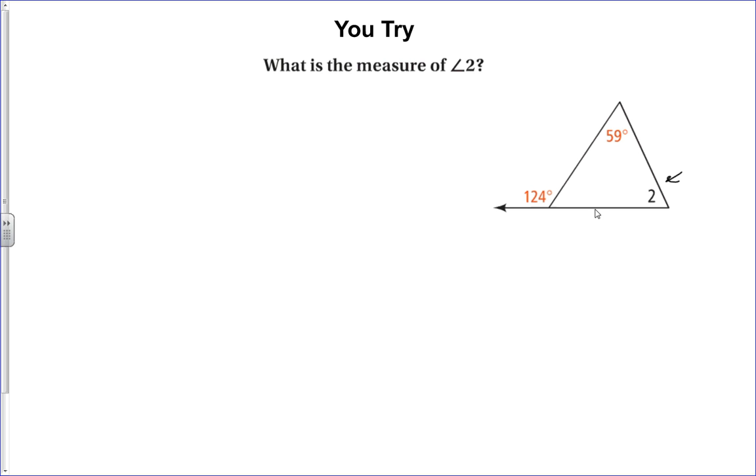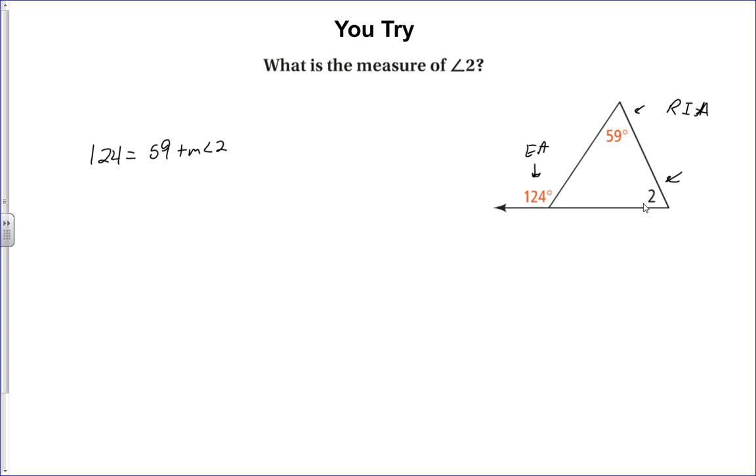All right, so we know that since these two are remote interior angles, and this is our exterior angle, RIA, remote interior angle, EA, exterior angle, not Electronic Arts, we know that 124 is going to have to equal 59 plus the measure of angle 2, because that's what the remote interior angles postulate tells us.